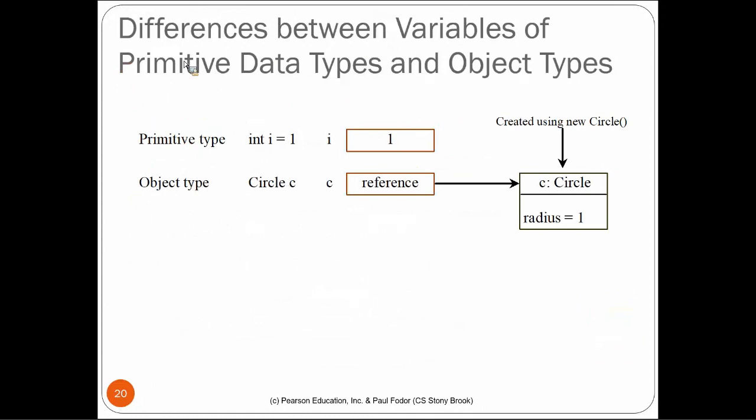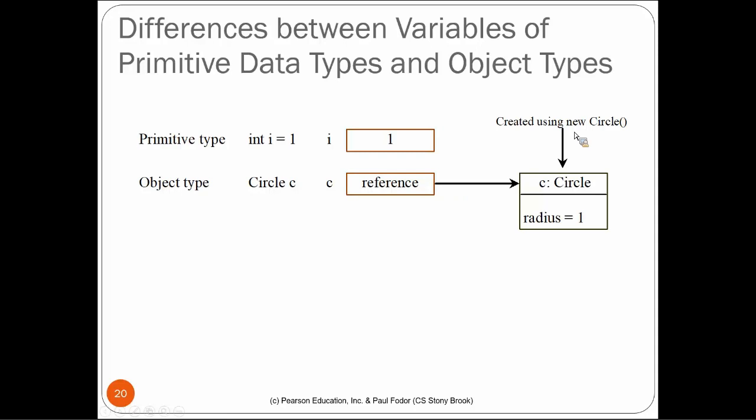So what exactly is the difference between variables of primitive data types, like the 8 primitive data types that we talked about before, and objects in Java? And in fact, in any other kind of object-oriented language that follows the same principle of primitive types and object types. So the difference is the following: if we assign a value to an integer i equal to 1, i is actually an alias for a location in memory that contains that value 1.